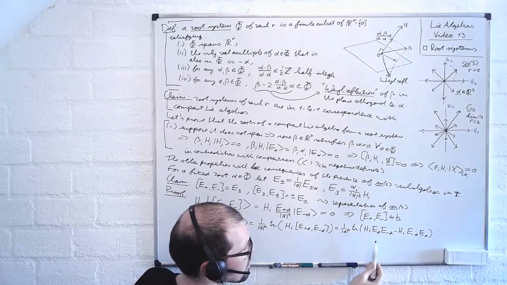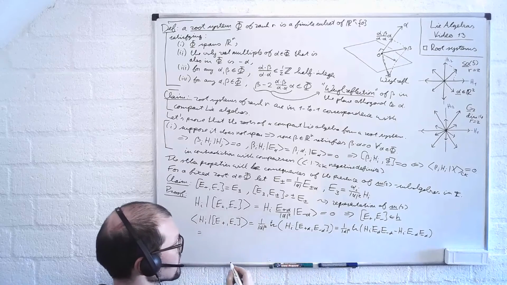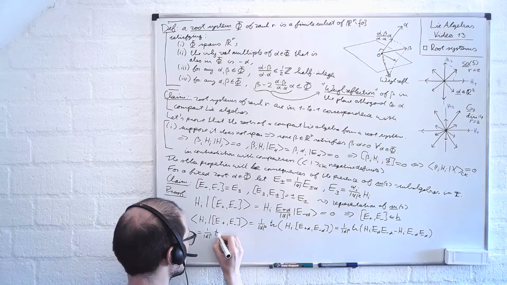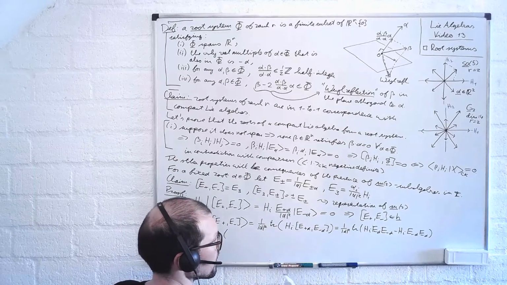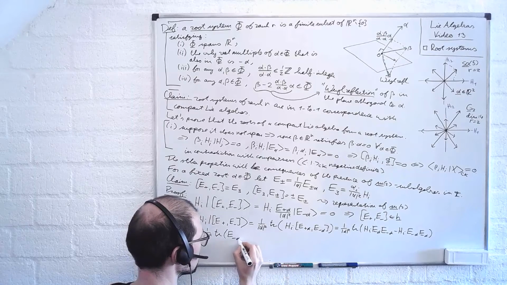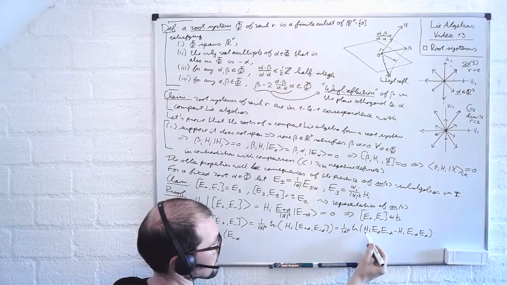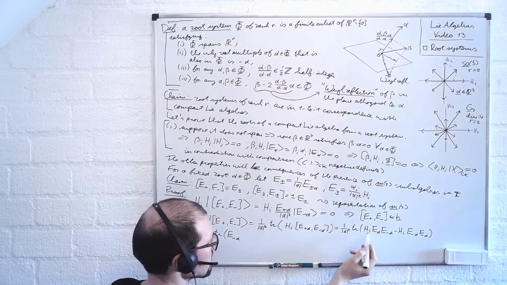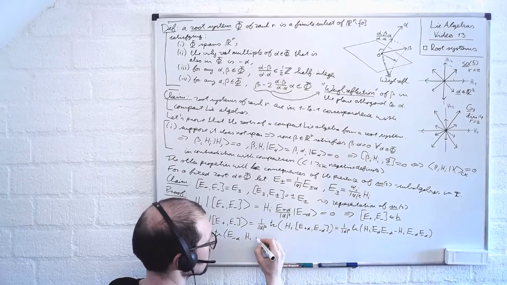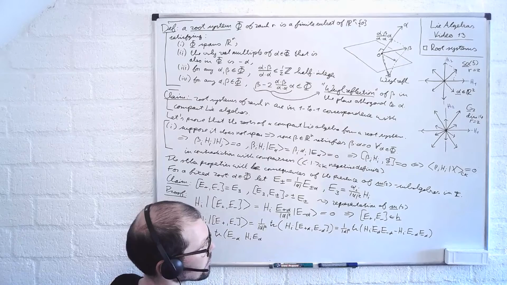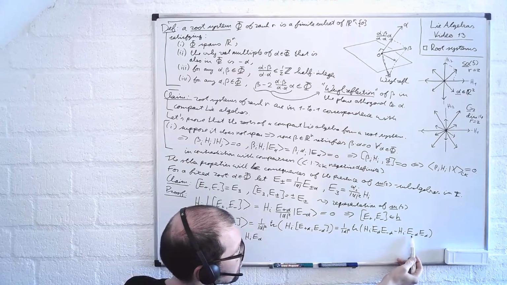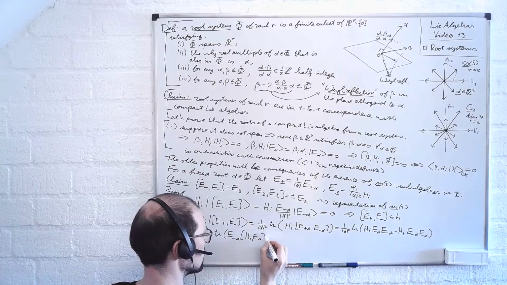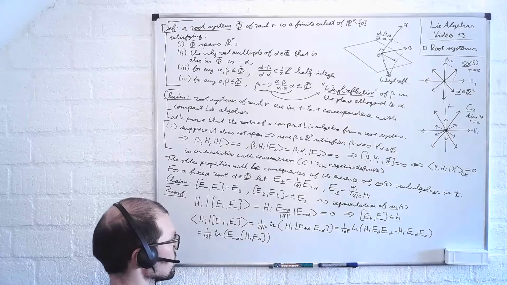And now we can use the cyclicity of the trace. So I want to write this as 1 over alpha squared trace, where I put the E minus alpha on the left hand side. So let me just cyclically permute these matrices that I'm allowed to do within the trace. Then I get here hi E alpha, and for the second term I get E alpha hi. So this is really the commutator of hi with E alpha.